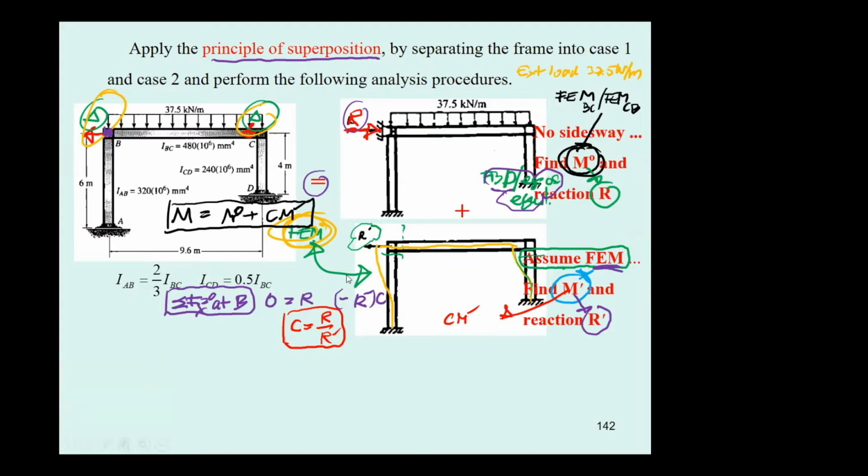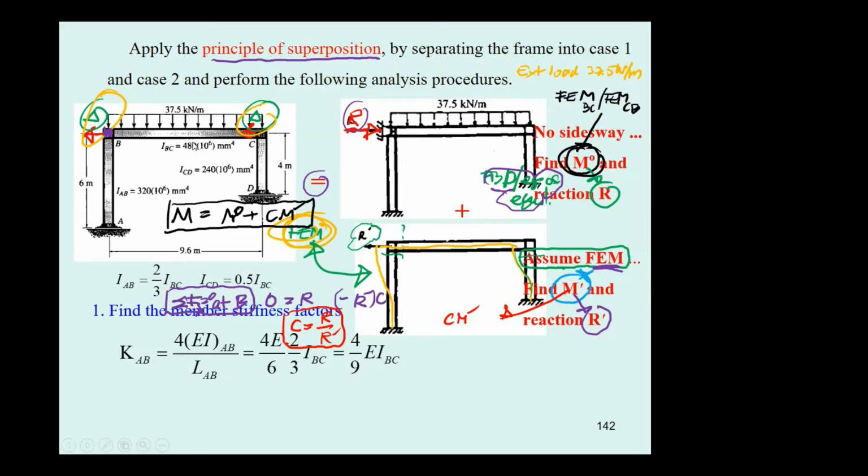Over here we are going to determine the member stiffness factors in order to do the moment distribution two times. The first one is 4EI over L for column AB, which is 4 times 2/3 I sub BC, just put it, that is 4/9 EI sub BC.